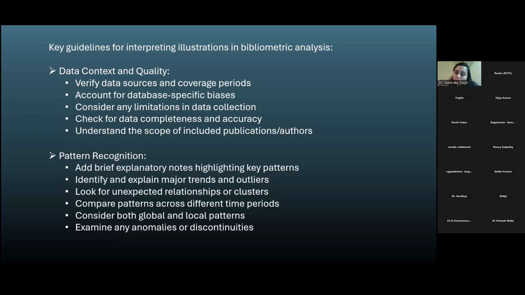Try to associate that change with some policy change or some event. For example, if you see that the number of papers on stress increased very much during the time of COVID, try to link these things: what can be the reason for that increase or decline.